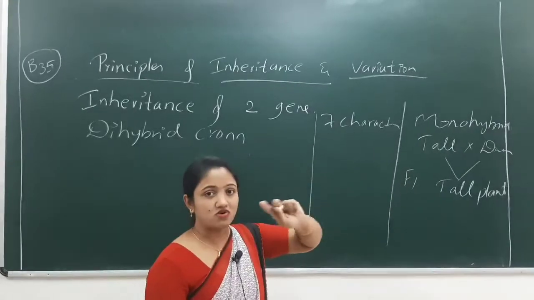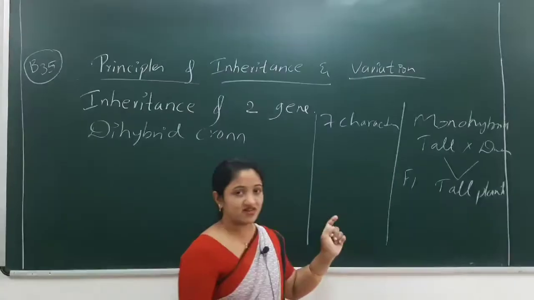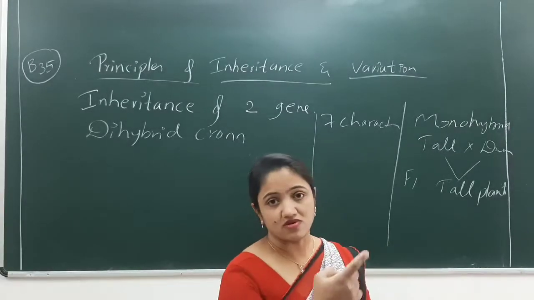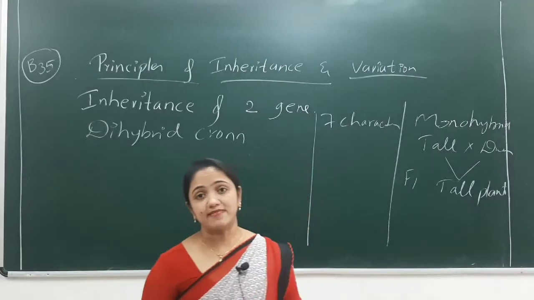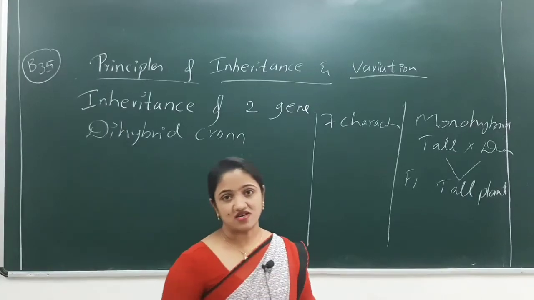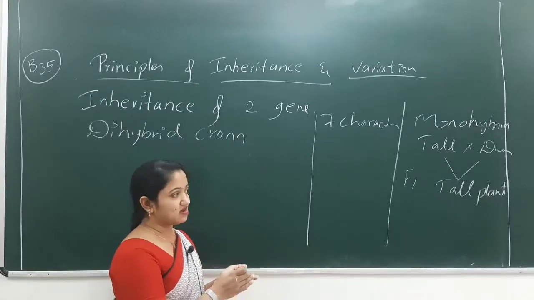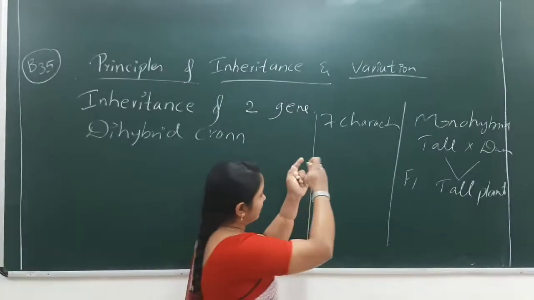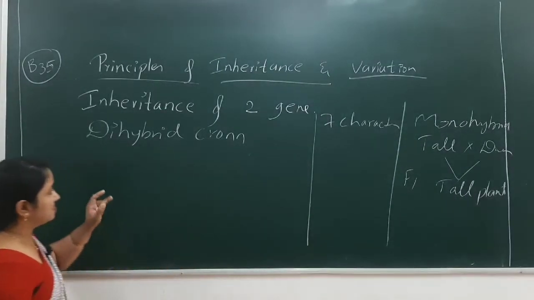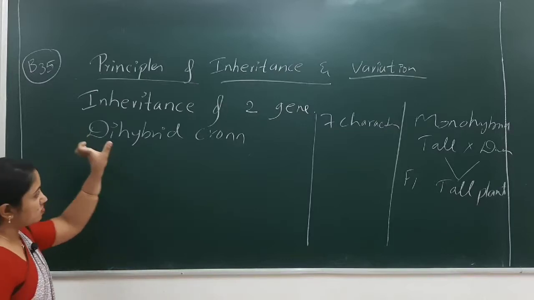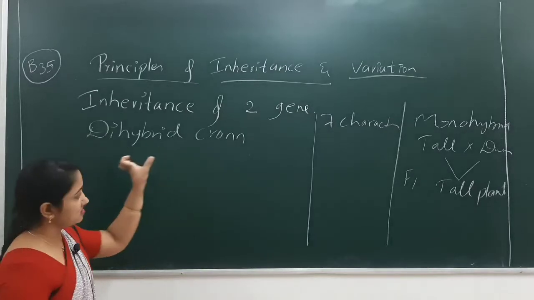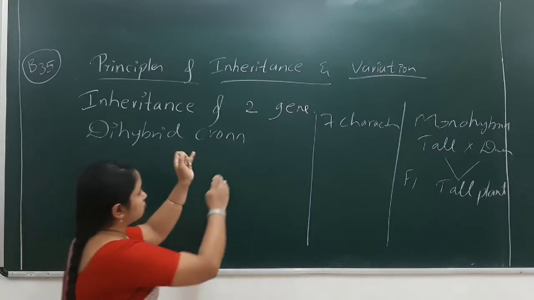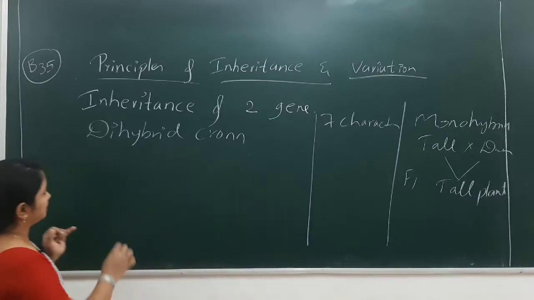I'll select only 2 characters out of 7. The 7 were stem height, flower color, seed color, and seed shape. Here I'm selecting 2 characters, each with a dominant and a recessive trait.